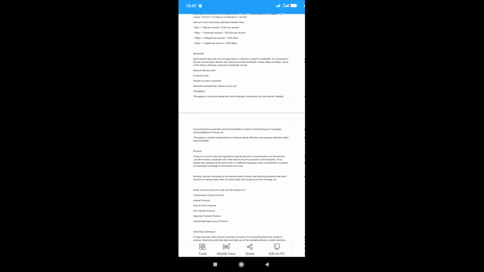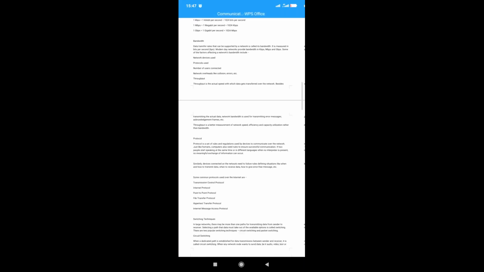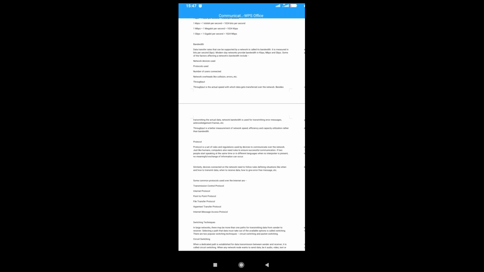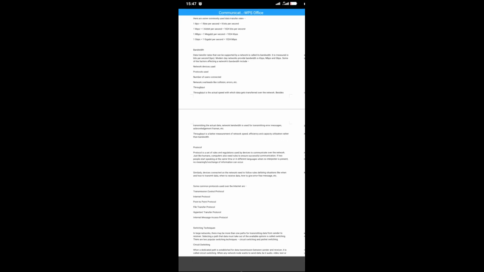On both ends, you might not actually know this is what has taken place, but due to the speed of it, that is what has actually happened. So the protocol is a set of regulations used by the device to communicate over the network. Just like humans, computers also need rules to ensure successful communication.